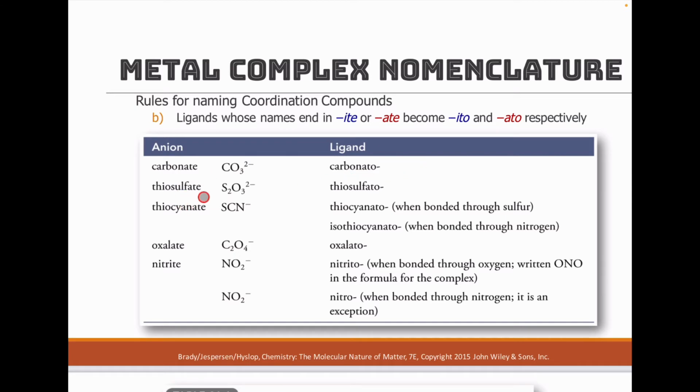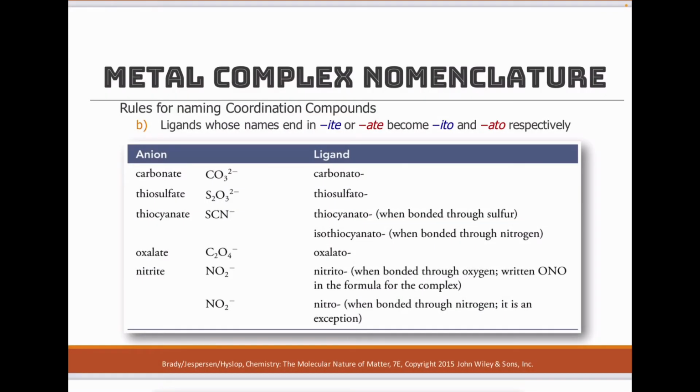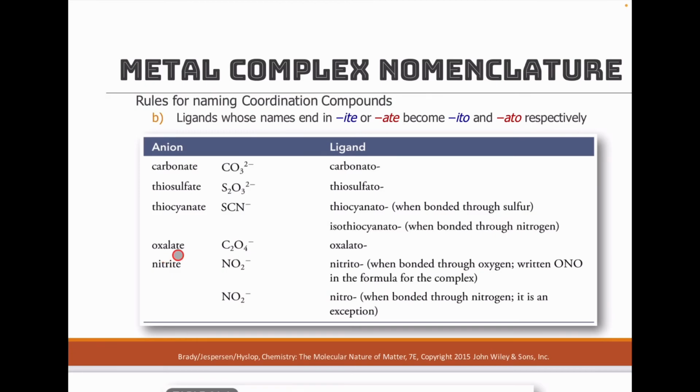For thiosulfate, thiosulfato, and for thiocyanate, thiocyanato when bonded through sulfur, and isothiocyanato when bonded through nitrogen. And oxalate is oxalato, and nitrite is nitrito when bonded through oxygen, written ONO.